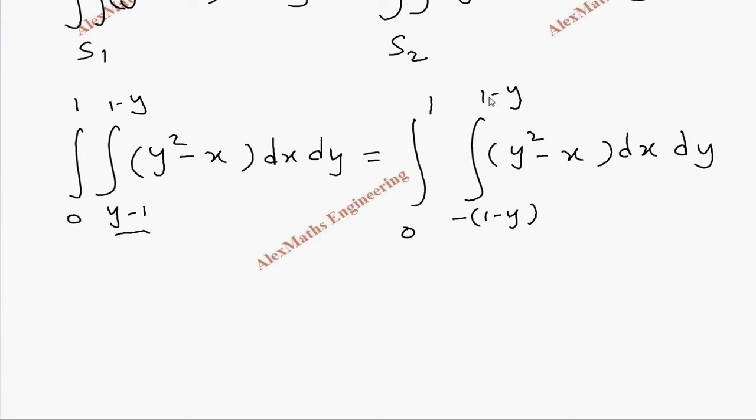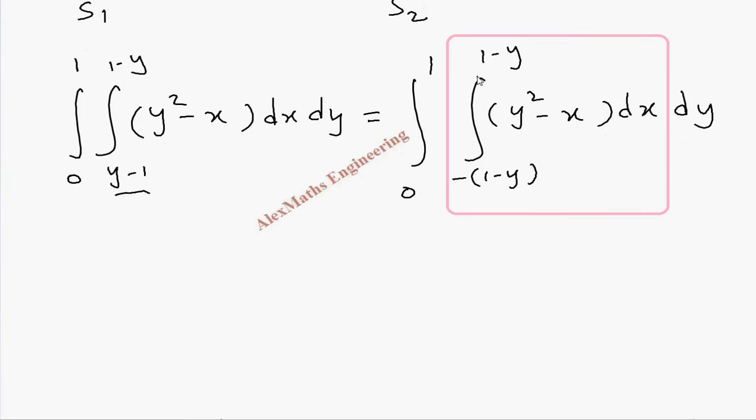When I integrate this with respect to x, we have y square, which is a constant. So the constant y square will become y square into x, and this becomes minus x square by 2.